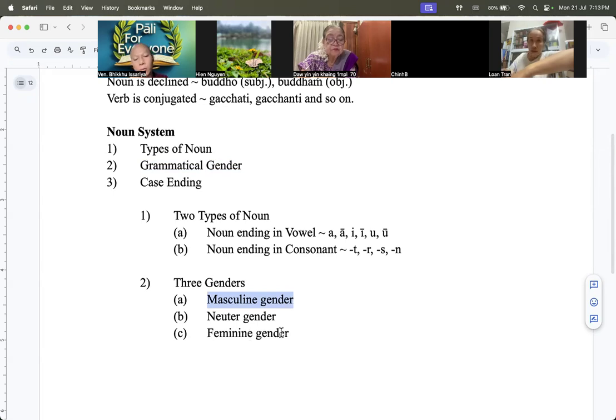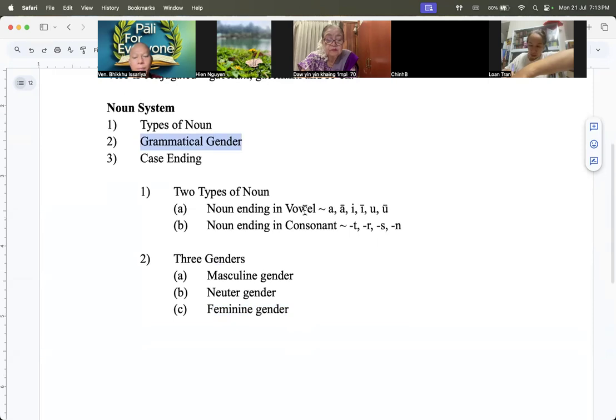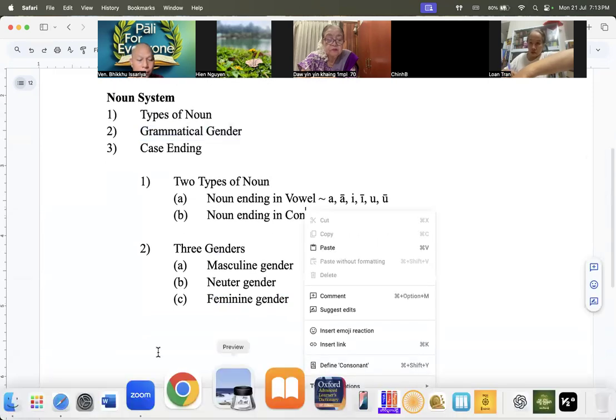Feminine also mostly refers to female nouns, so a female person will be feminine gender, but exceptionally, sometimes even though those are inanimate things, they can be masculine gender. That is why generally we can say that these are grammatical genders, not based on sex.